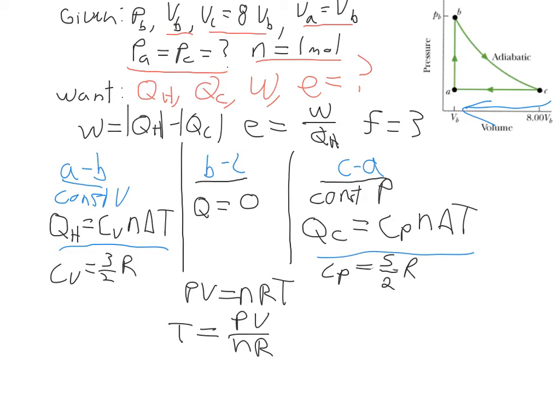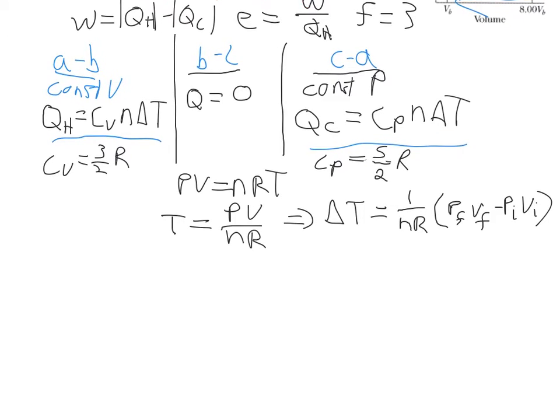What that implies then is that our change in temperature, in either of these two cases, is going to be equal to 1 over nR, since our amount of gas, our n value, is not going to change and R is a constant, so I can pull those out, multiplied by delta PV. That's P final V final minus P initial V initial, is what our delta T would be equal to. Okay?